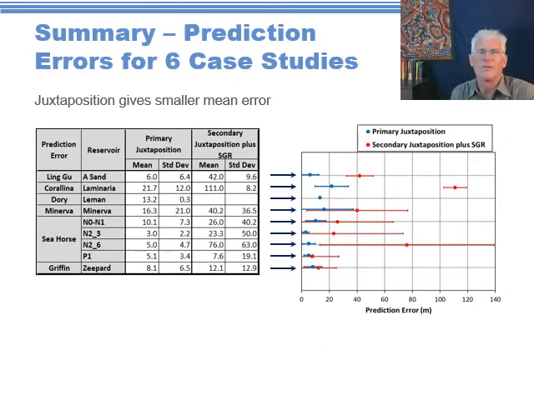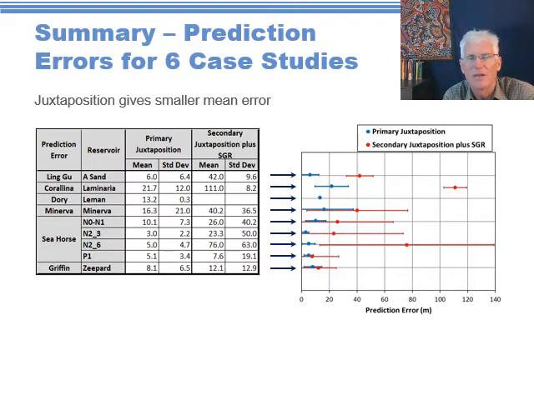We then, of course, have a lot of case studies. Here are the 6 case studies that are easy for us to use public domain data, so we're able to fully publish these ones and talk about what we've done in detail. In the table on the left you can see the primary juxtaposition mean and standard deviation in terms of error, and that's the error between the prediction and the independently observed hydrocarbon water contact.